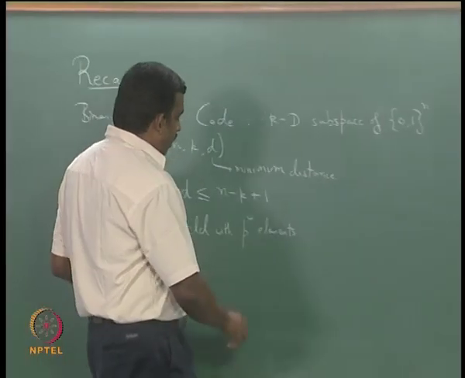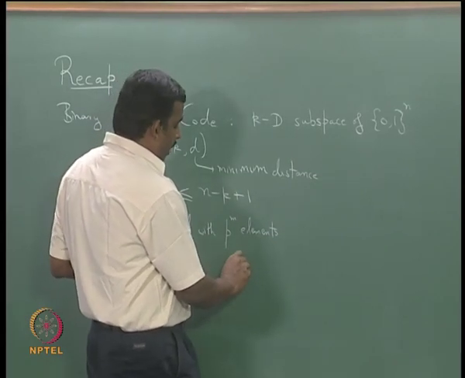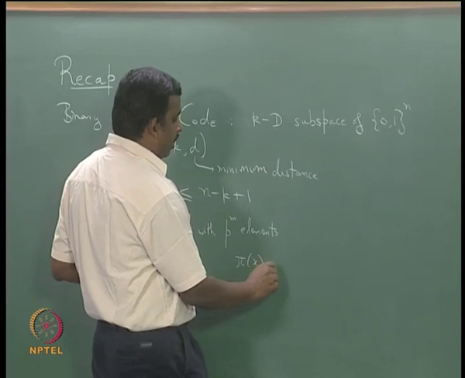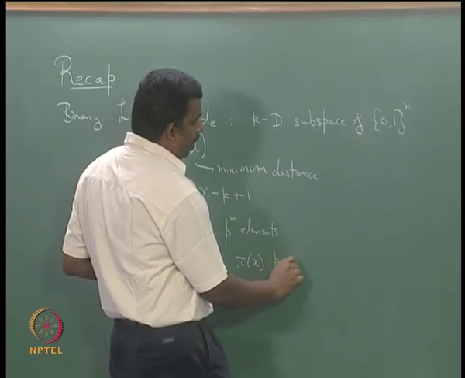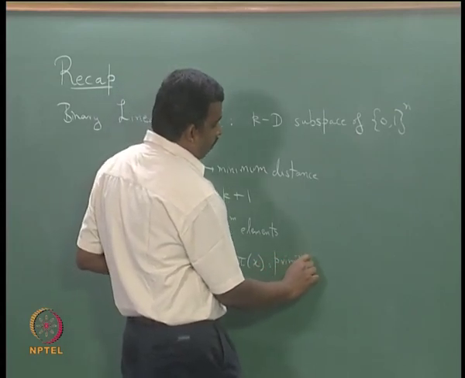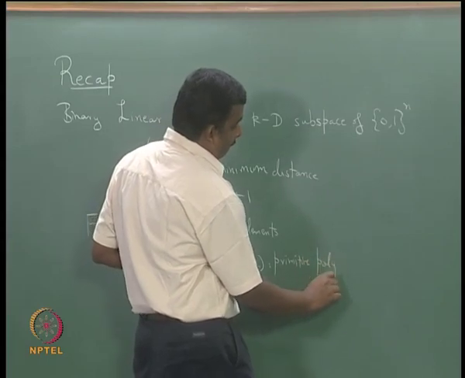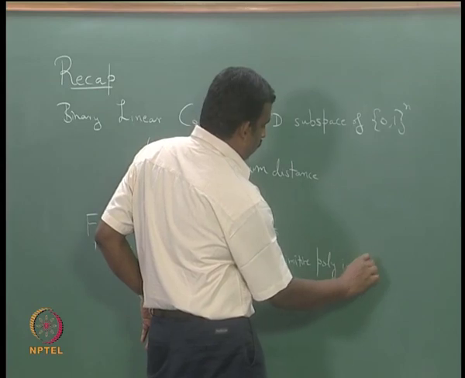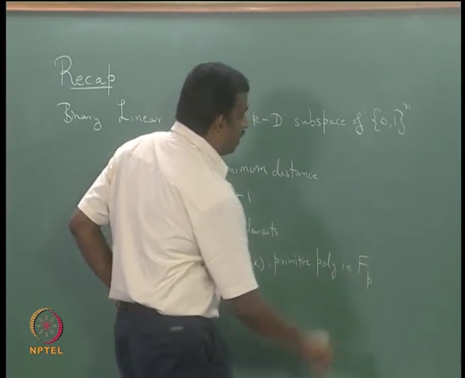And how do you construct it? You construct it by beginning with, for instance, a π(x), which is a primitive polynomial in F_p. F_p is an easy enough field.